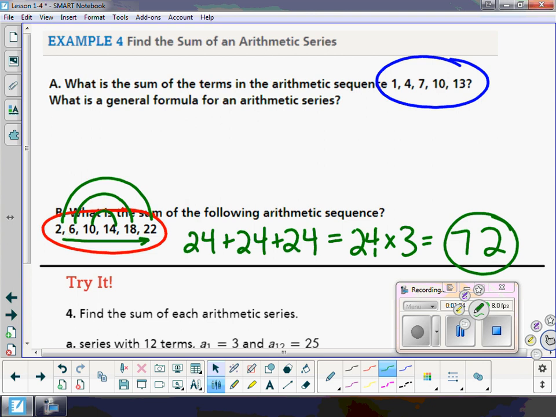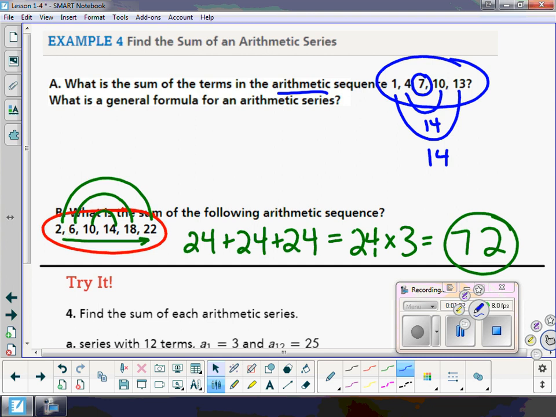With the one up here in blue, example 4, part A, notice that you don't have an even number of terms, so 1 buddies up with 13 to make 14, 4 pairs up with 10 to make 14, and then you might notice that this middle number, as long as the sequence is arithmetic, will always be half the sum of the first and the last.